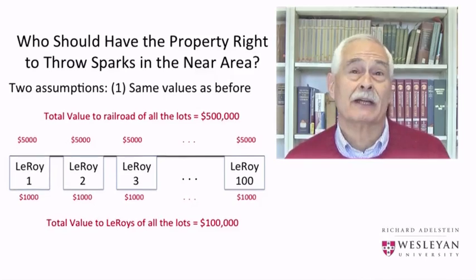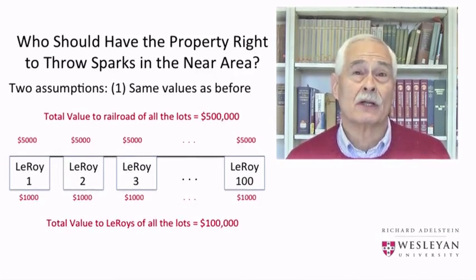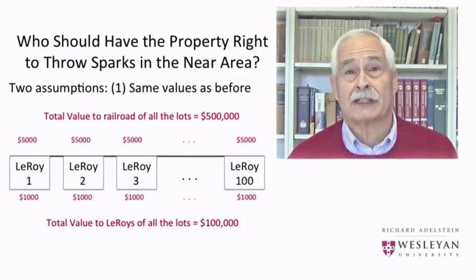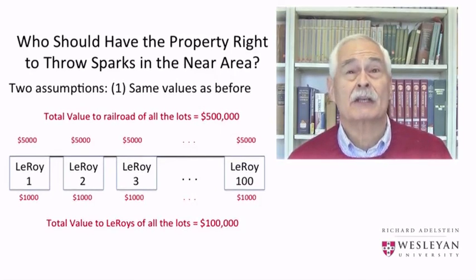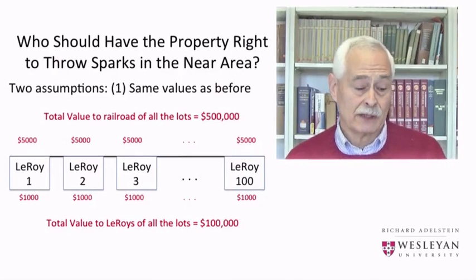And we'll assume again that all of the LeRoys are identical, and these values characterize every potential transaction between the railroad and the LeRoys.